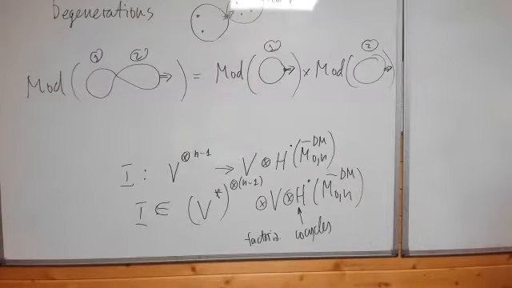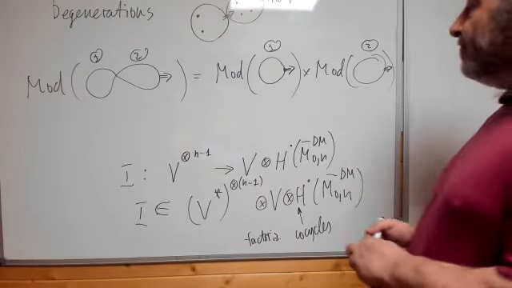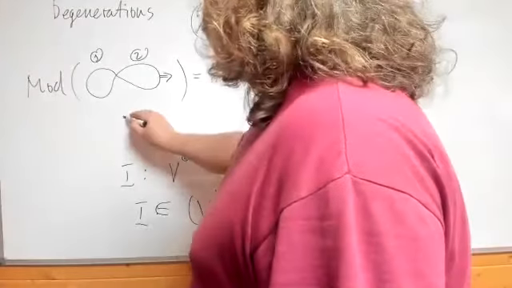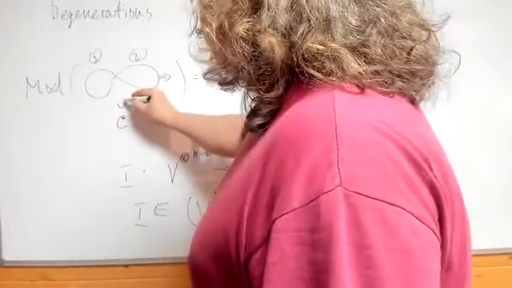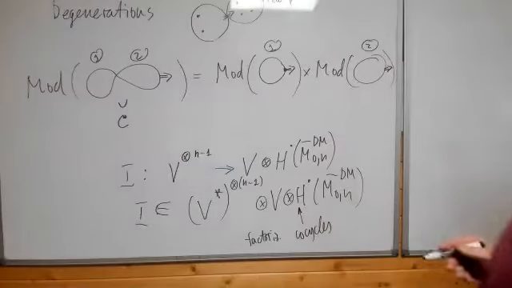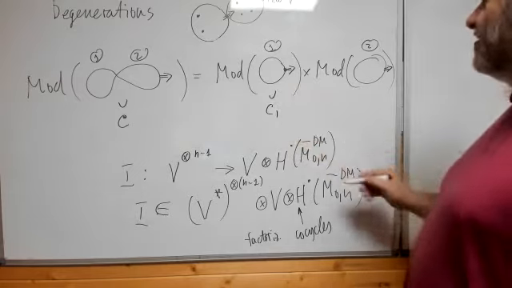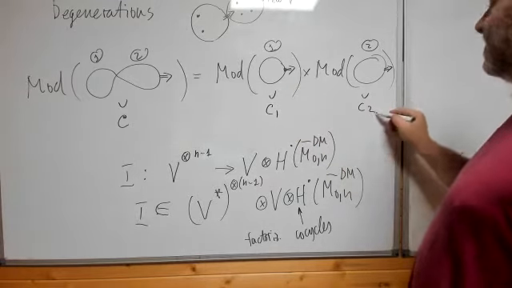Now a cycle belonging to this moduli space becomes a product of the cycle here and the cycle here.